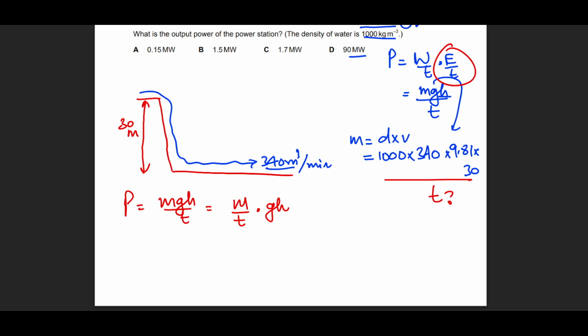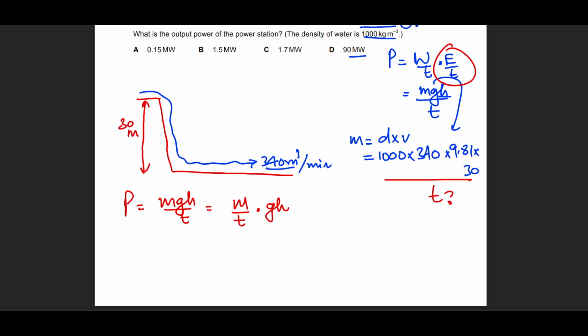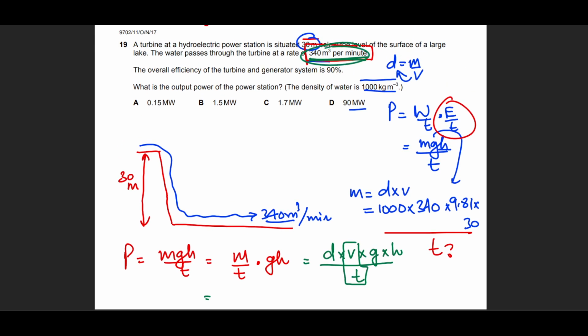Instead of mass, we write density multiplied by volume, multiplied by g, multiplied by h, divided by t. I can isolate the volume divided by t as the value given to you as volume per minute. So indirectly, we already have time, which is 60 seconds.